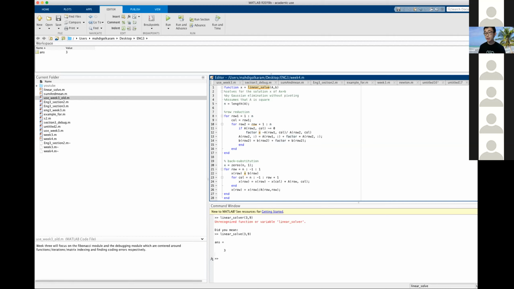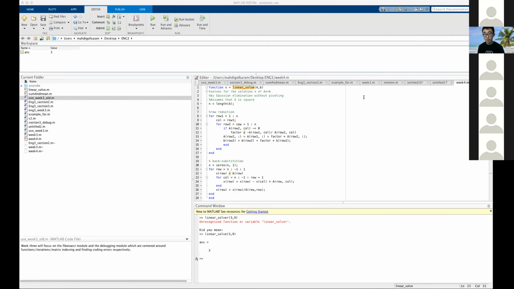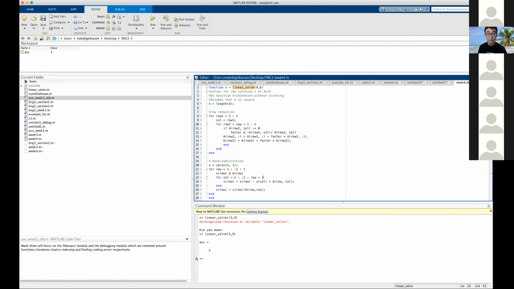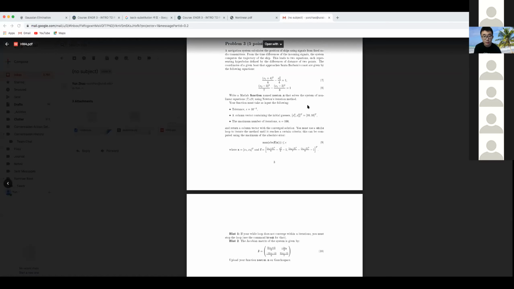We have 8 more minutes, and I'd like to give you a quick example about Newton's method. Okay, let me first stop share and share this one. Share screen of this one. Okay, so here, can you guys see this clearly?